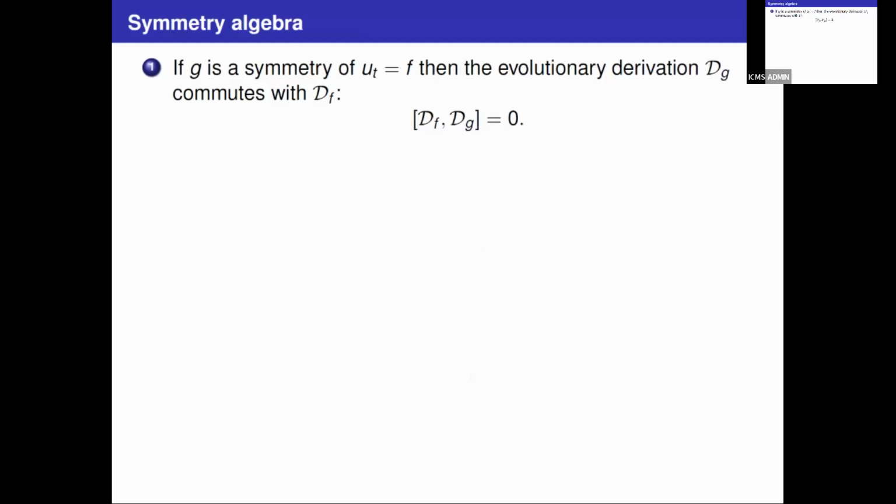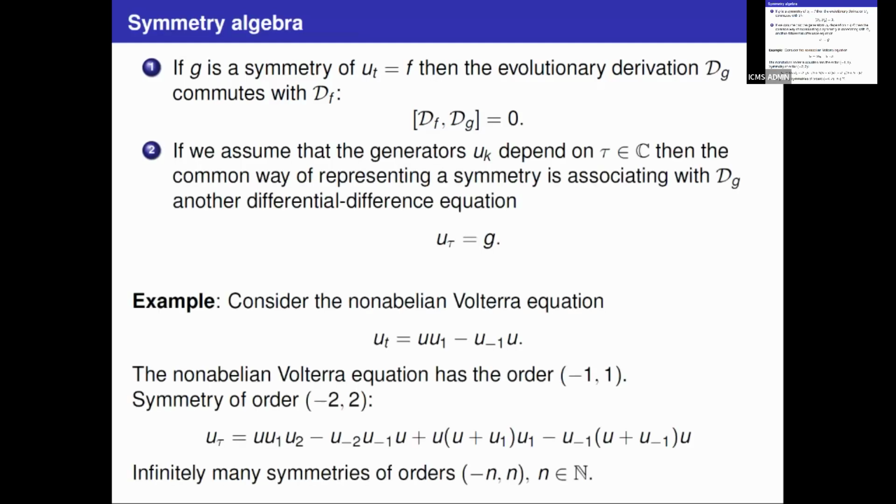So this is the same as commutativity of f and g elements, and it is common to write every symmetry in the form of an evolutionary equation, again assuming that every generator depends on an additional parameter tau.